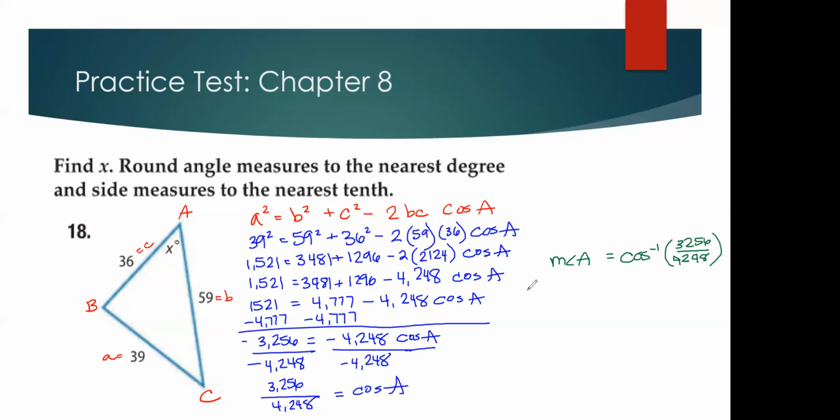So you can put that in a calculator, and then you end up with 39.96, and it's asking you to round each angle to the nearest degree. So then the measure of angle A would be 40 degrees.